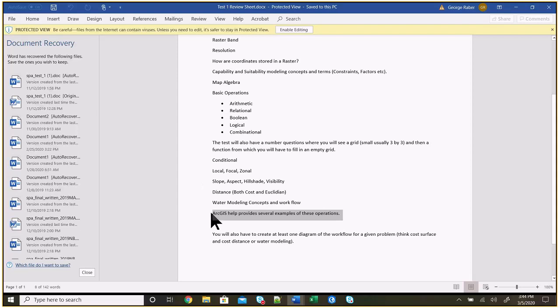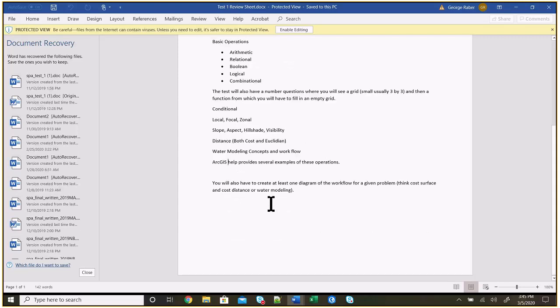So for the operations that I have here, review what are the inputs and what are the outputs that you would expect to get, and study that information. So for each of these, not local, focal, but for each of these, and for cost distance, and for the water modeling concepts, go back and study that.